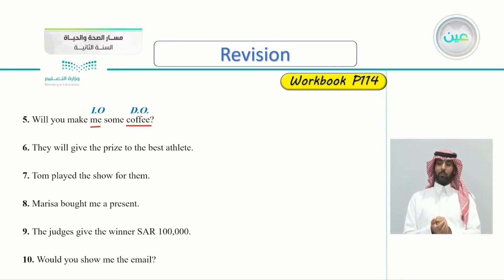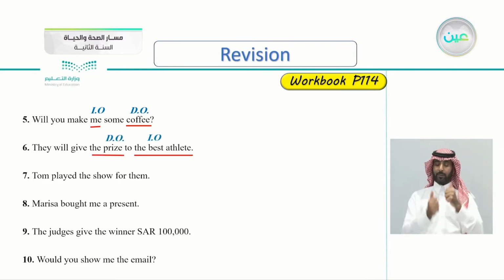Yes, me is the indirect, coffee is the direct. Number six, they will give the prize to the best athlete. We have two objects here. The direct object is the prize and the best athlete is the indirect object.